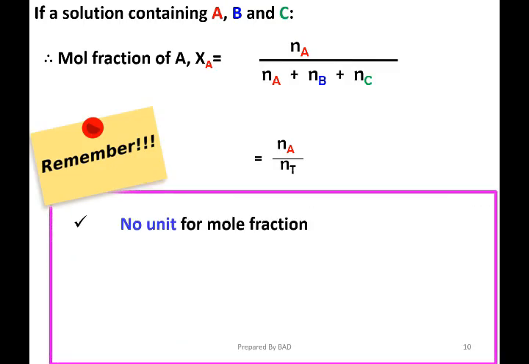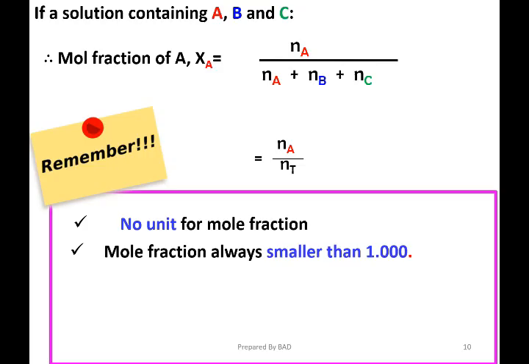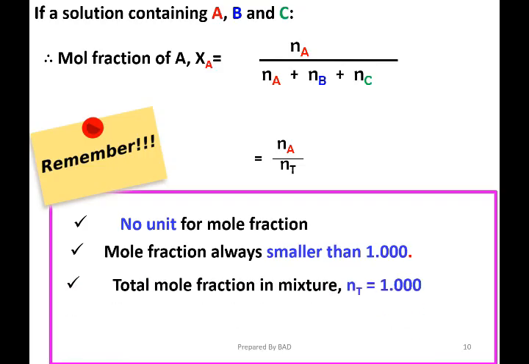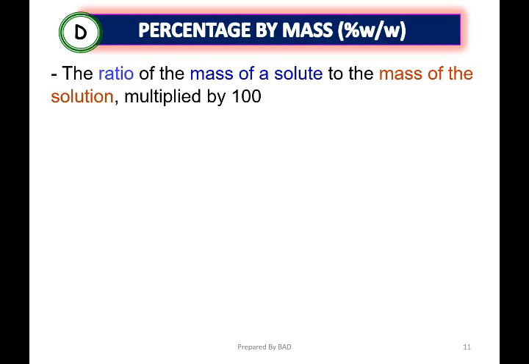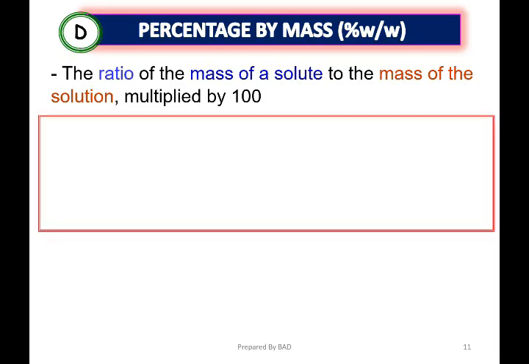Remember guys, no unit for mole fraction. Mole fraction is always smaller than 1.000 and total mole fraction in mixture equals 1.000. Percentage by mass. Percentage by mass is the ratio of the mass of solute to the mass of the solution multiplied by 100. Here is the formula.